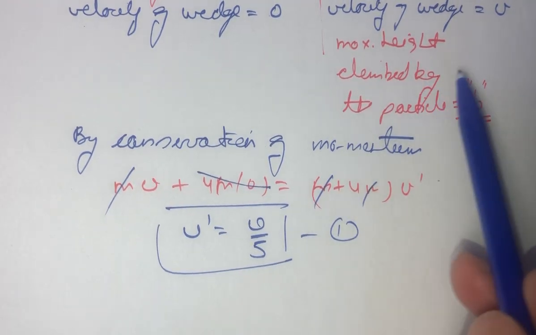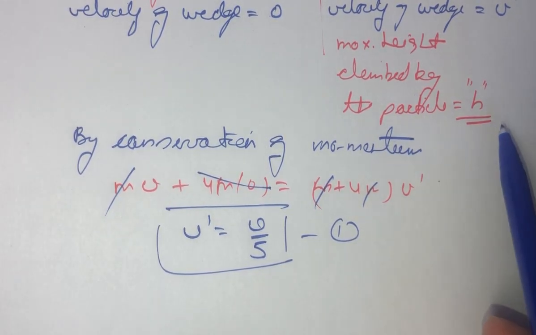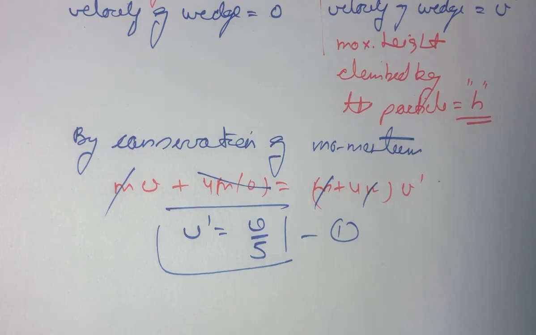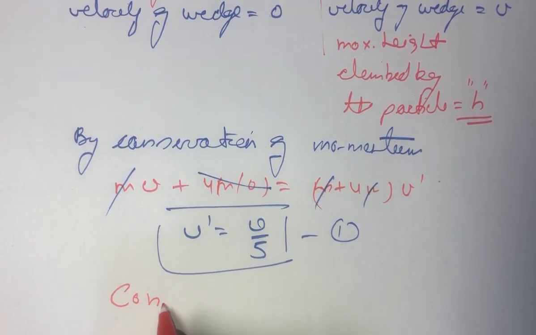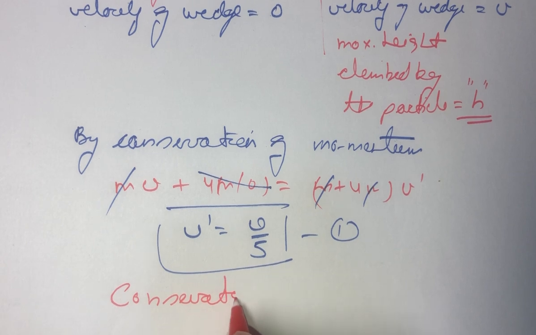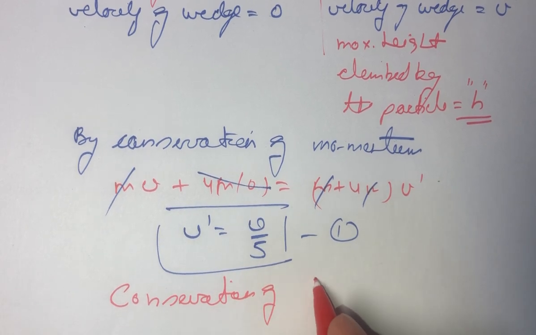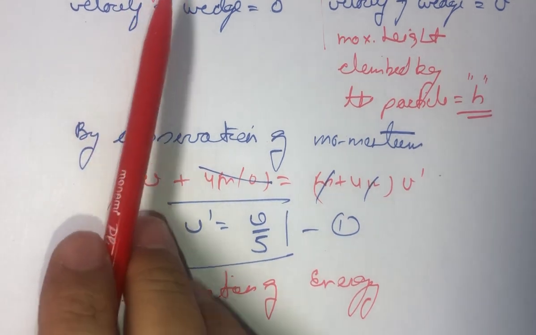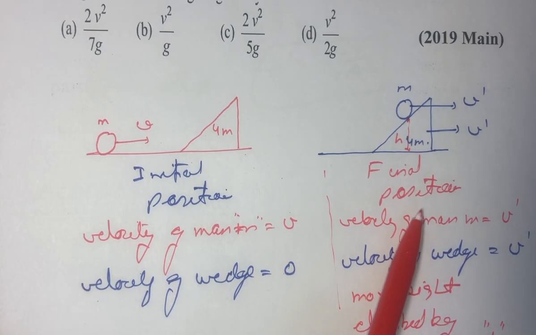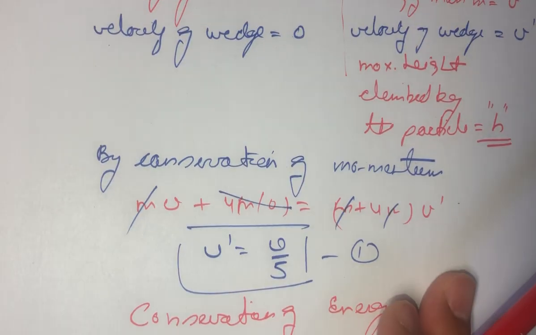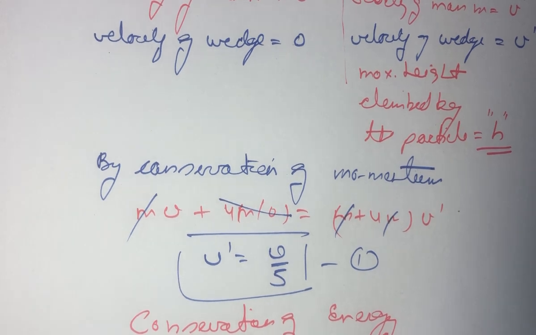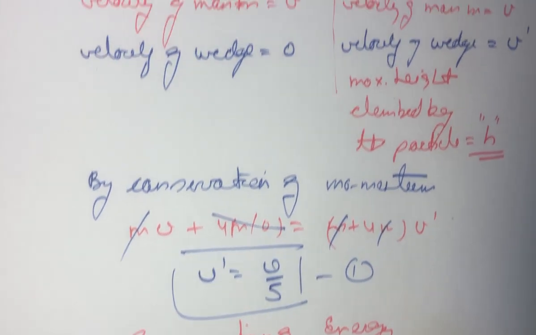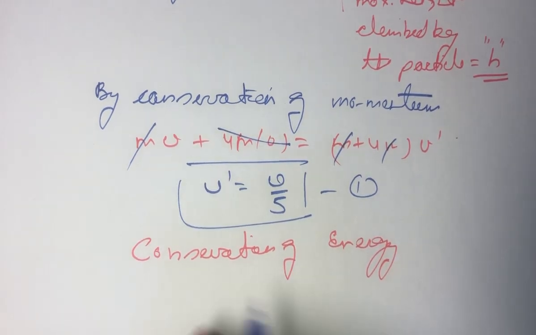So we said that the maximum height climbed by the particle is given as h. So we can use conservation of energy. Initial position energy will be equal to final position energy. So in the initial condition, only particle m is moving with the velocity v, so it is going to have only kinetic energy.